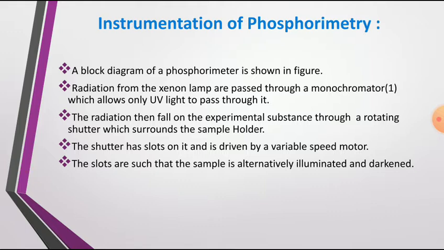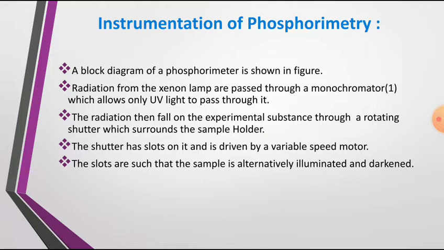The slots are such that the sample is alternately illuminated and darkened. That means the phosphorescope will be rotating with the help of the speed motor.